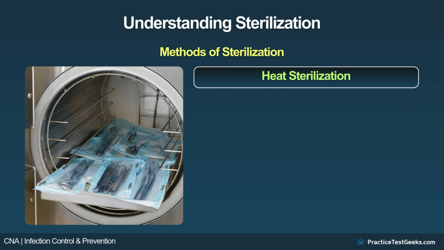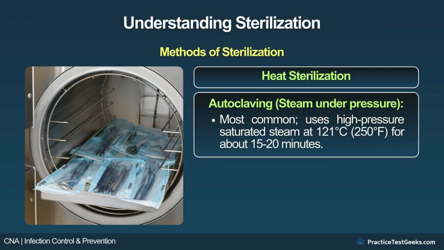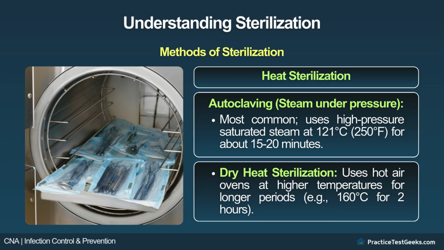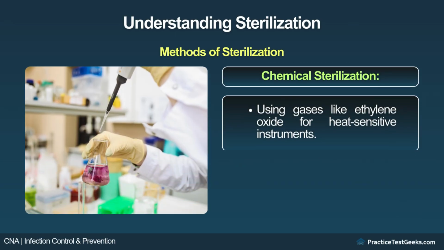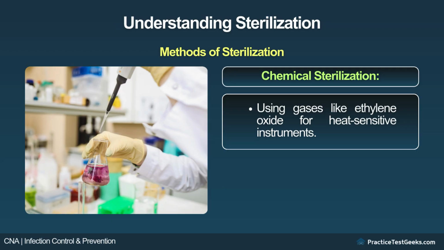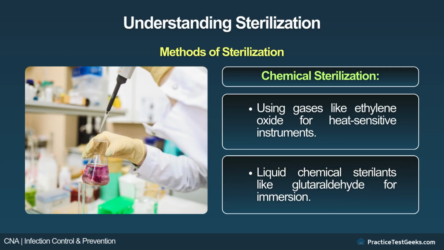Heat sterilization includes autoclaving, which uses high-pressure steam at 121 degrees Celsius for 15 to 20 minutes, and dry heat sterilization, which uses hot air ovens at higher temperatures for longer periods, such as 160 degrees Celsius for 2 hours. Chemical sterilization involves gases like ethylene oxide for heat-sensitive instruments or liquid chemical sterilants such as glutaraldehyde.